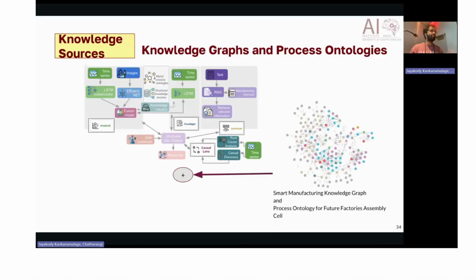The knowledge sources that we have are structured knowledge sources, and we also have an ontology for this Future Factories dataset, and we also have a knowledge graph.